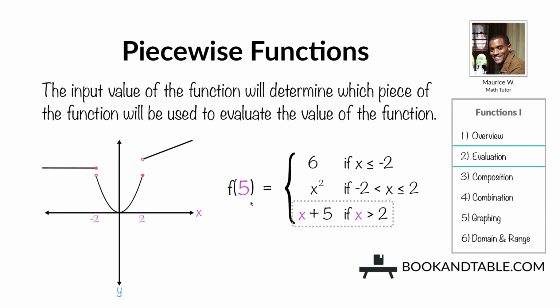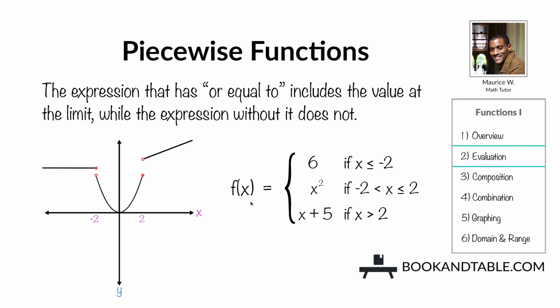Now, one more thing. The expression that includes "or equal to" includes the value at the limit, while the expression without it does not. So what does that mean? Here at negative 2, where we're going from one interval to a second, the circle that is filled in includes that value. So negative 2 is a part of this first interval, x is less than or equal to.